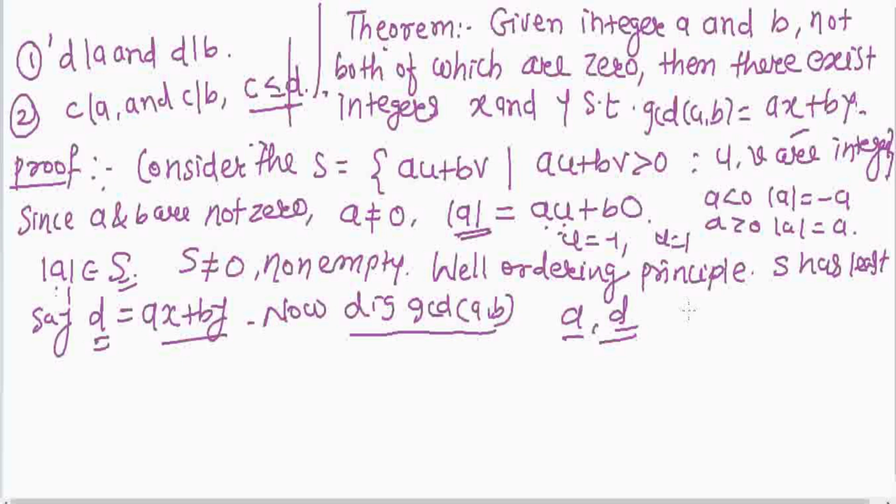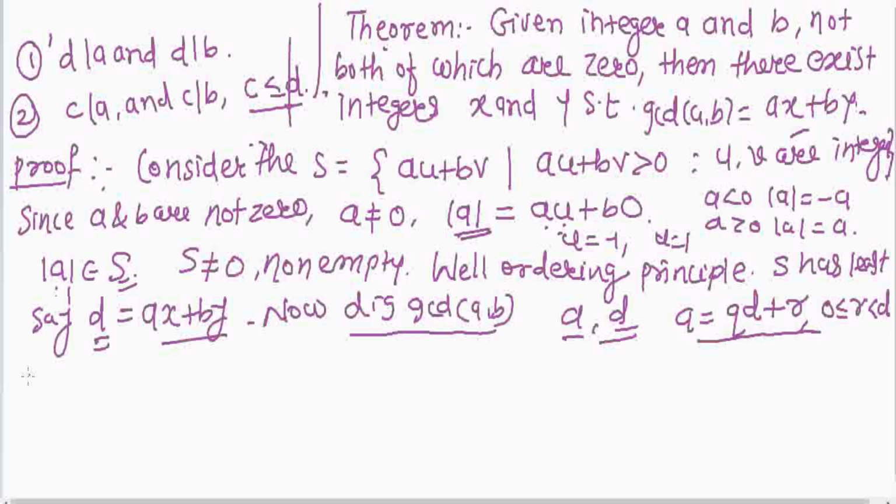By the division algorithm, there is an integer Q such that A is equal to QD plus R, where 0 is less than or equal to R, and R is less than D.